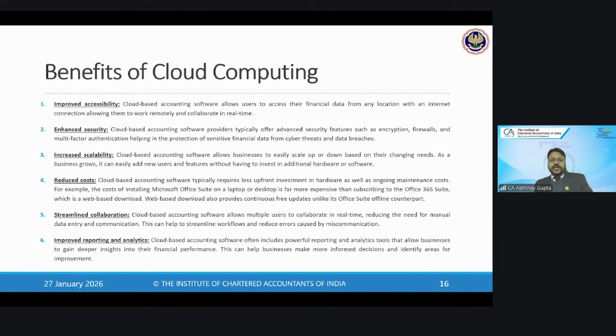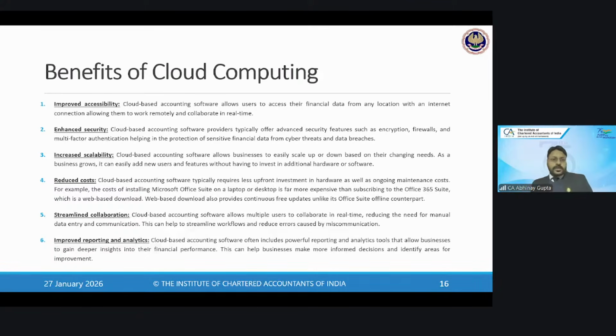How? Whether you are in the office or at your home or on vacation in Goa, if you have the laptop and the credentials, the user ID and the password, you can access the company's data. Yes or no? Yes, sir. Anywhere, anytime. Even if you are on an island, provided internet signals are there, right?